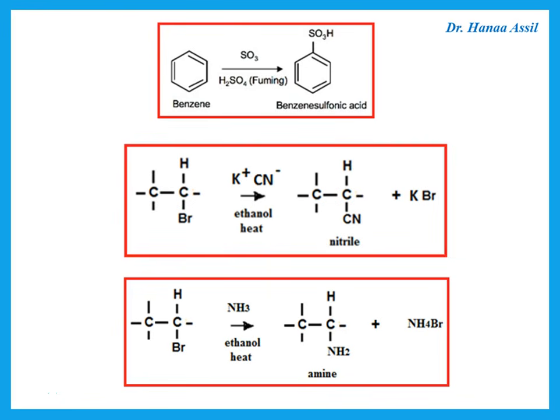What if I want to prepare an amine? We said, how do we prepare amines? We react a halogenoalkane in presence of ammonia in ethanol, this will replace the halogen with an amine group.